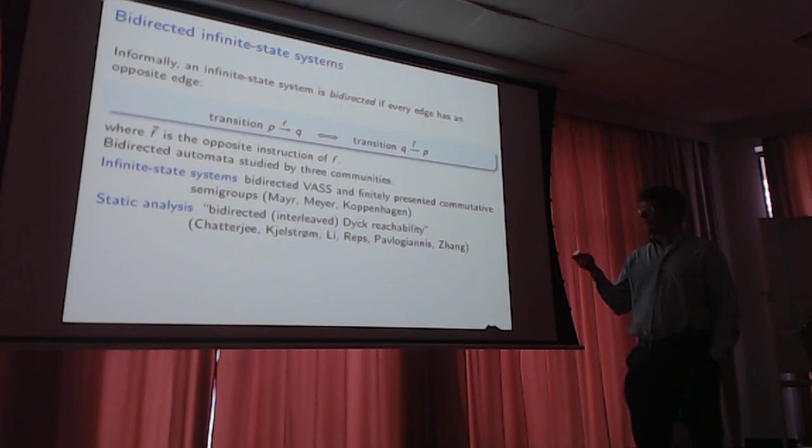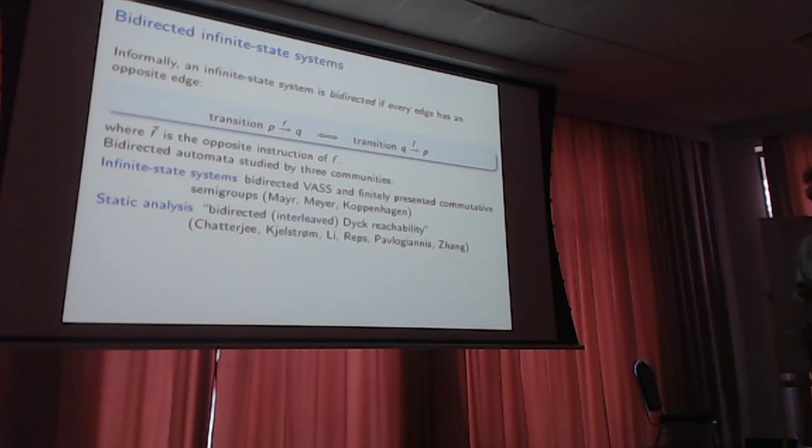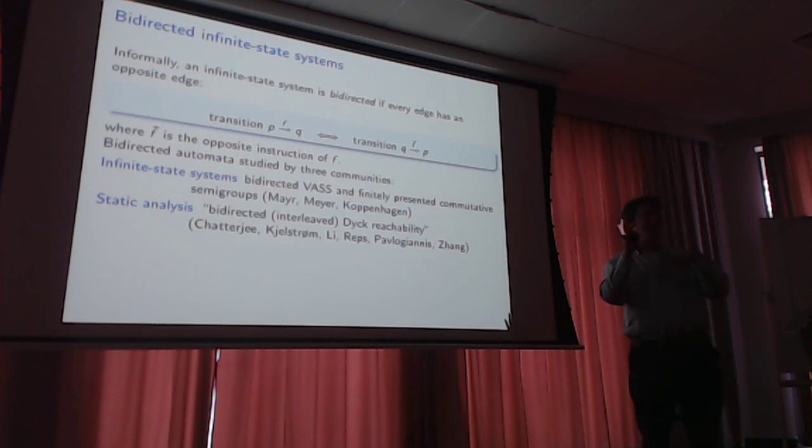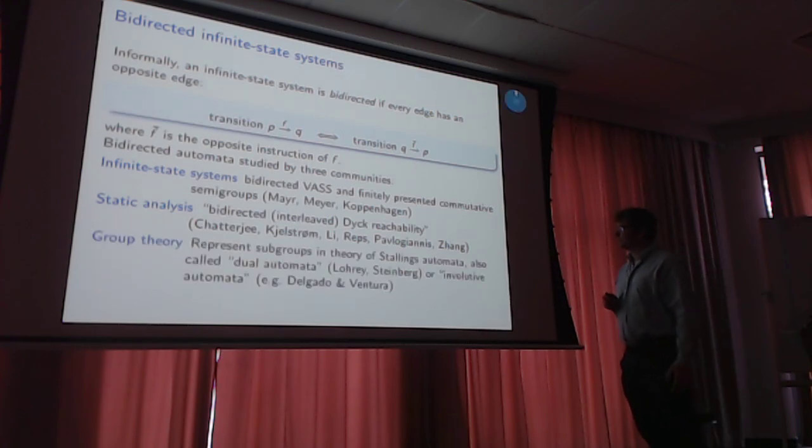Then completely separately, with no interaction between these two communities, there are people in static analysis. They want to decide properties about code, and they looked at this in terms of pointer analysis. You're given some set of pointer instructions and you want to know, is it ever possible that this pointer points to this particular variable? They also have some really nice ideas.